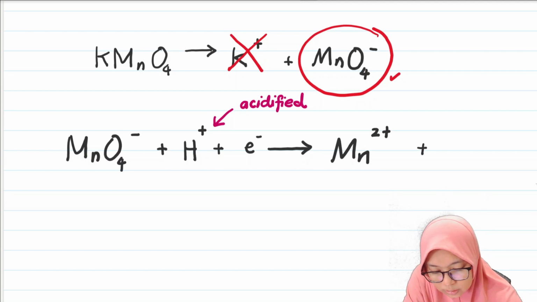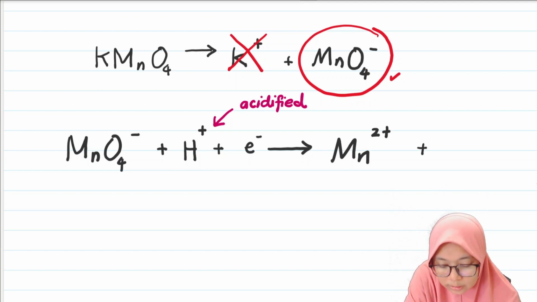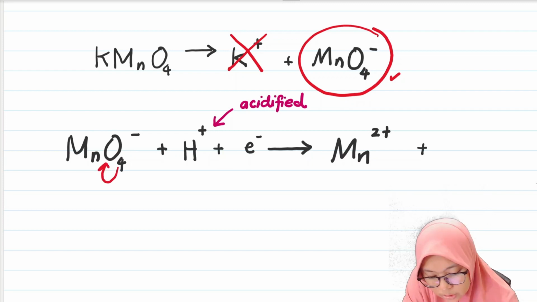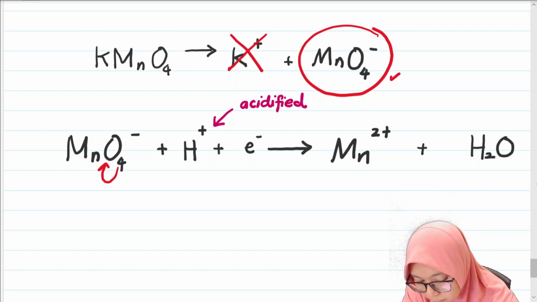Now we have to write the full half equation for this reaction. As you can see here, inside the manganate ion we have 4 oxygen atoms. So the products are water molecules together with the manganese 2 positive ion.